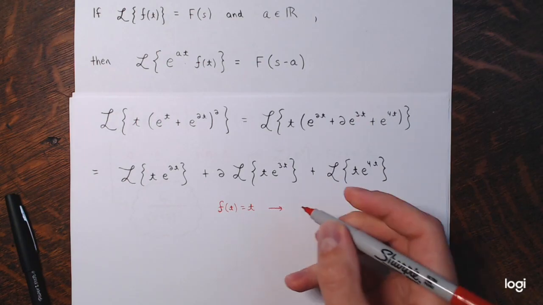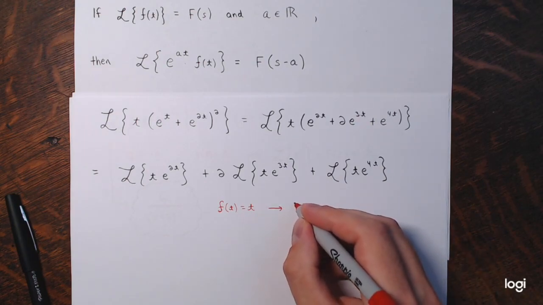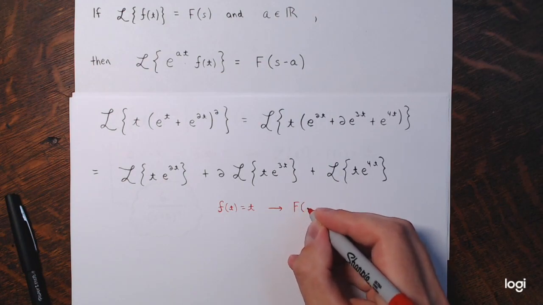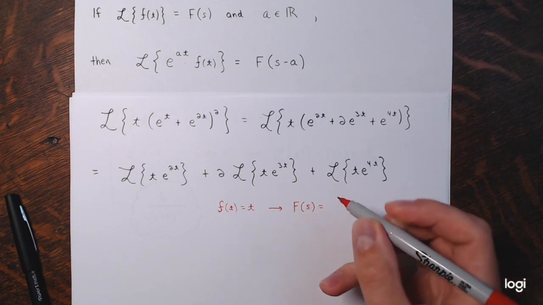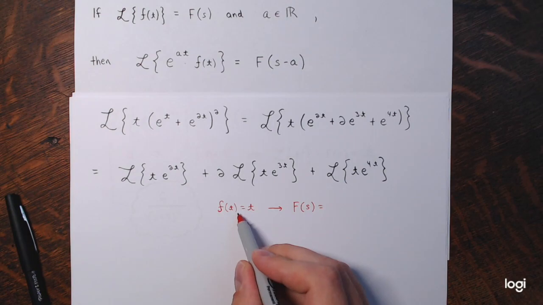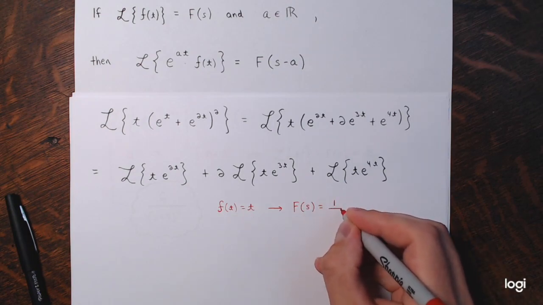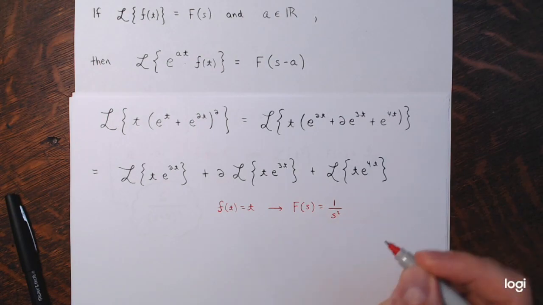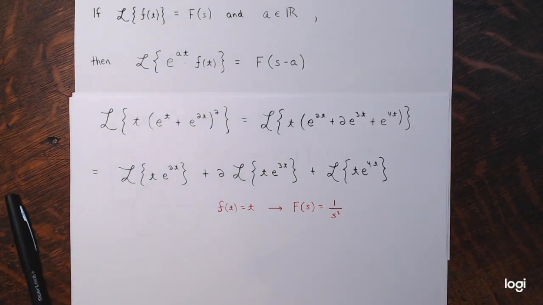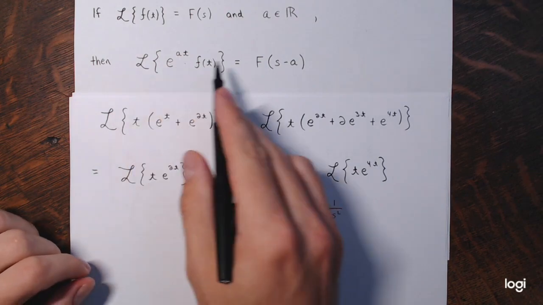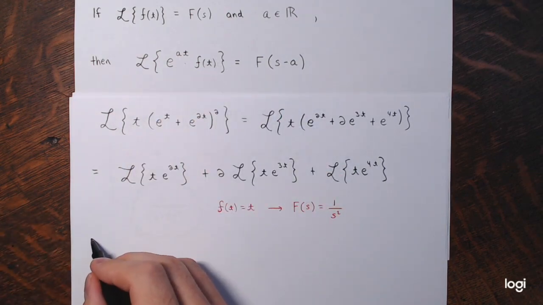All right, and then just as we saw in the first example, the Laplace transform of little f of t is 1 over s squared. That was the Laplace transform of t. And now all I need here is to use the translation theorem over and over again.